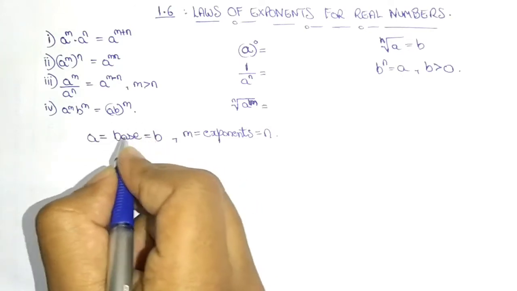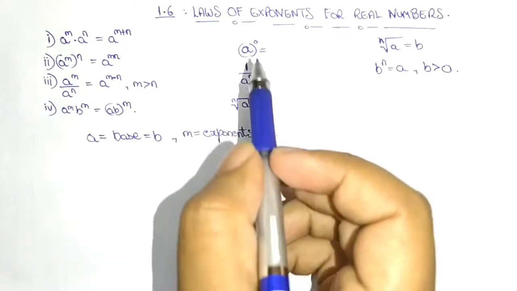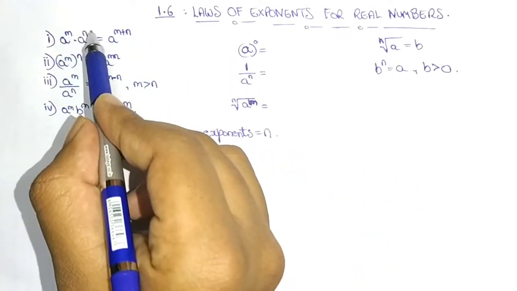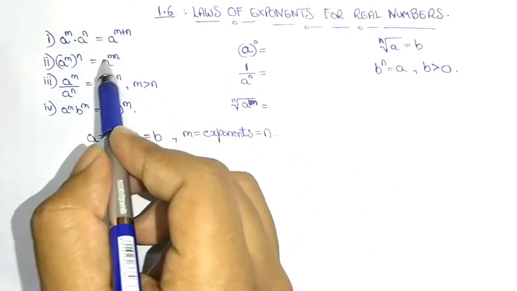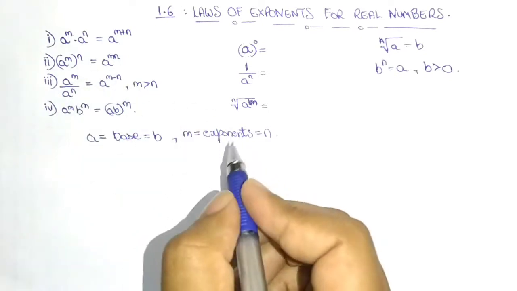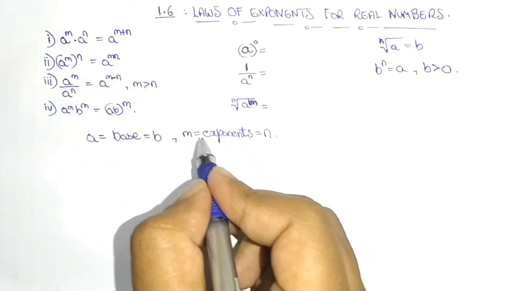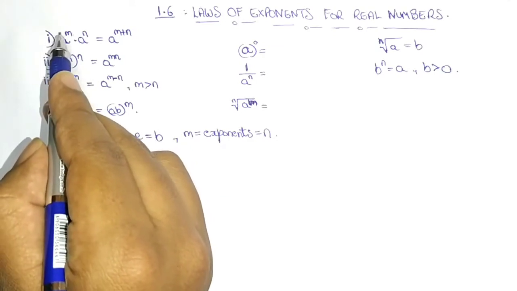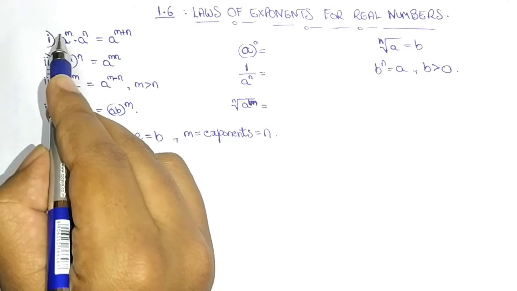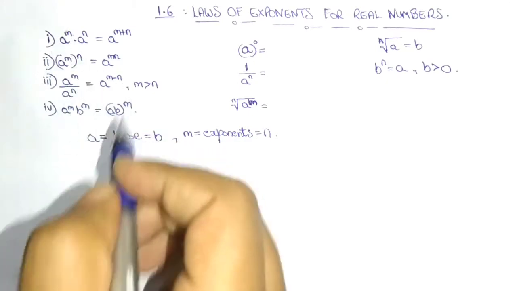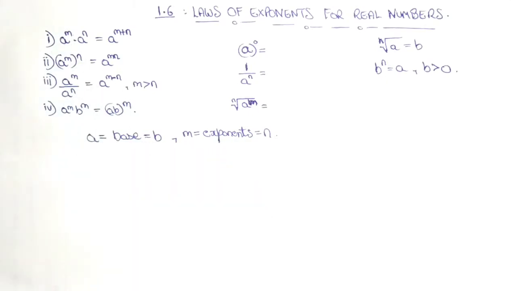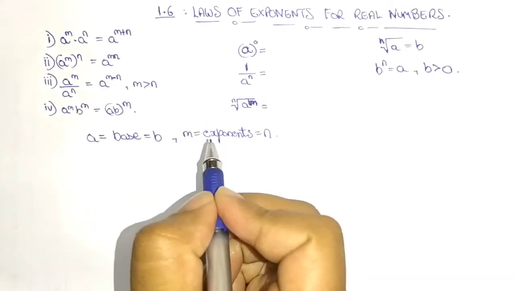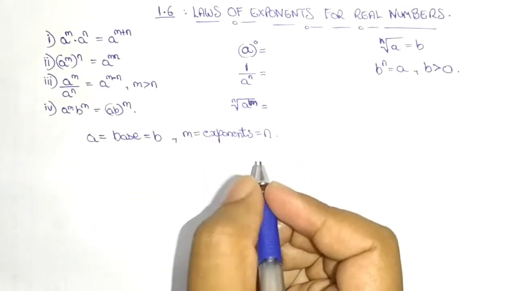In the sense, both A and B are bases. And what you see here, M, N, M plus N, wherever you see M and N, they are exponents. They are not in the base region. They are in the form of powers to the base, and they are known as exponents. M is an exponent and N is also an exponent.